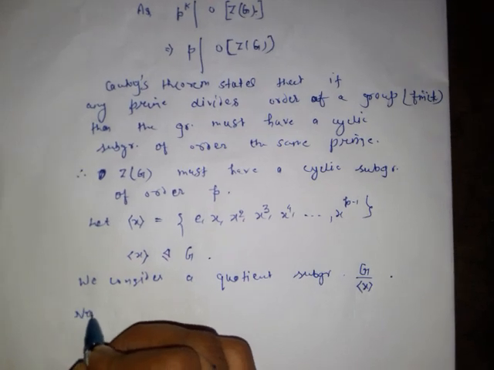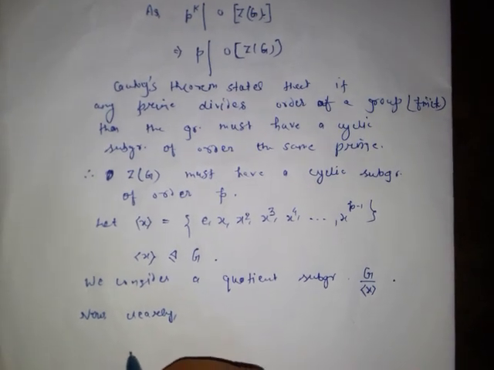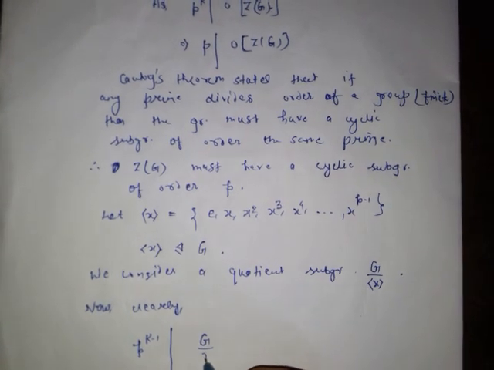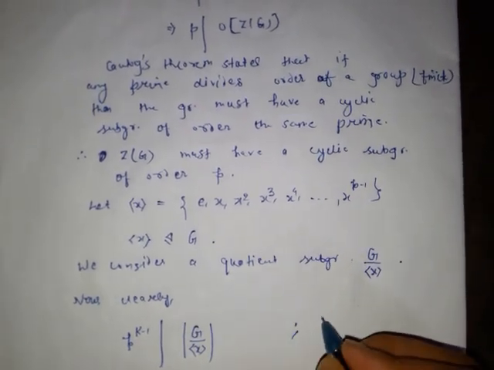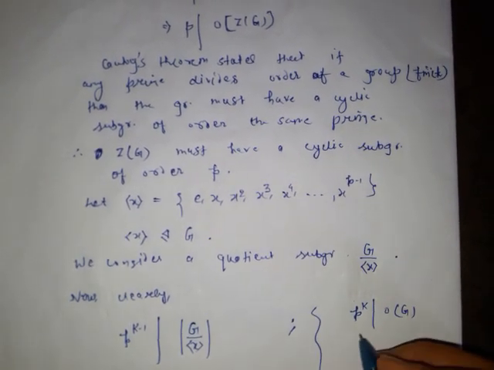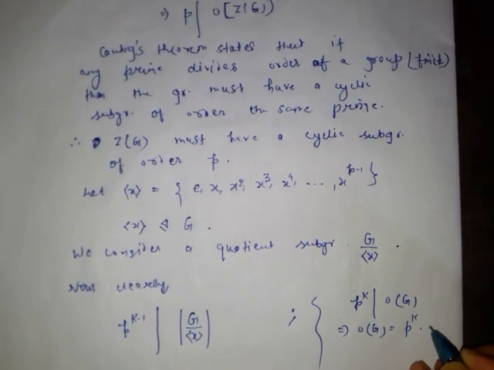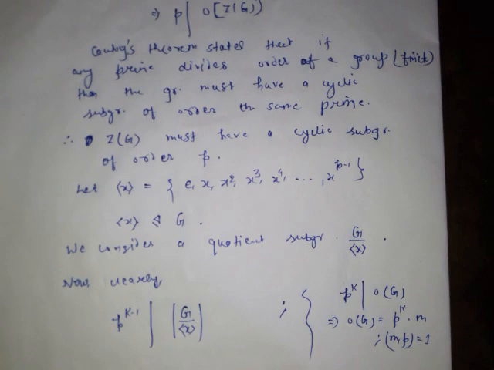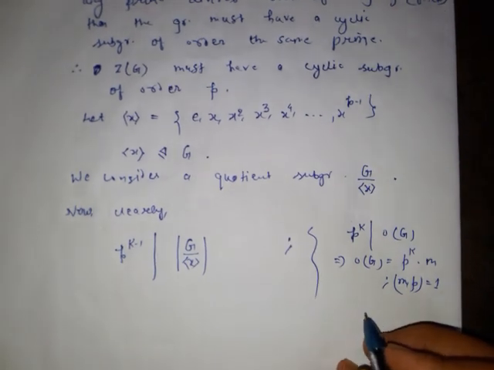Now clearly p raised to the power k minus 1 divides the order of the quotient group, because p raised to the power k divides the order of group G, so we can write the order of the group G is equal to p raised to the power k into m, where m and p are coprime, that is, p doesn't divide m.